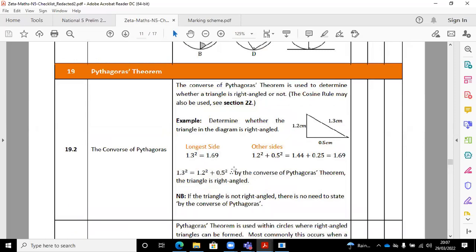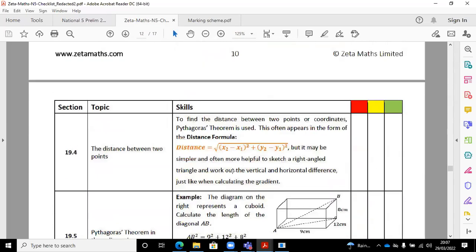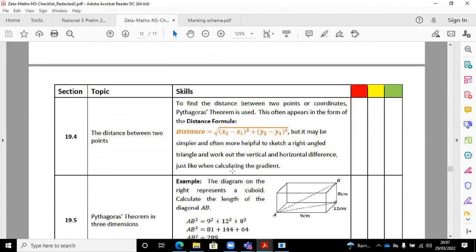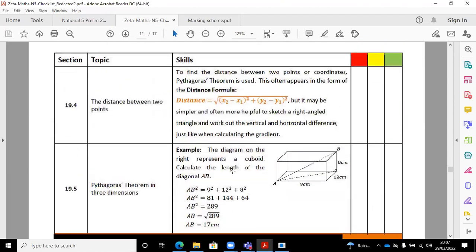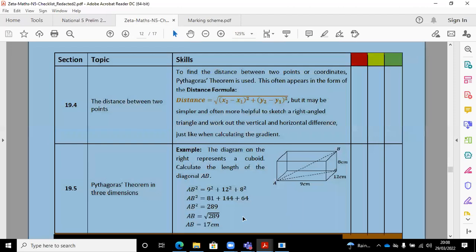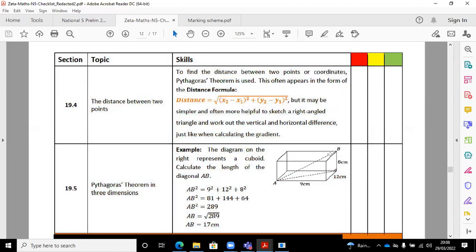Know the Pythagoras rules, know how to move them about. This question, 19.5, didn't come up in the prelim. The Pythagoras theorem in 3 dimensions. Good chance something like that comes up. So we'll do that and we'll practice them.